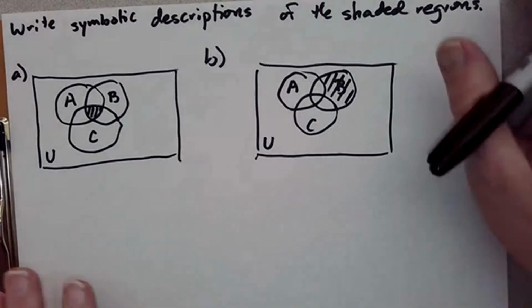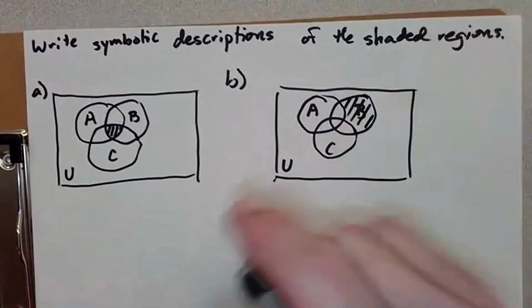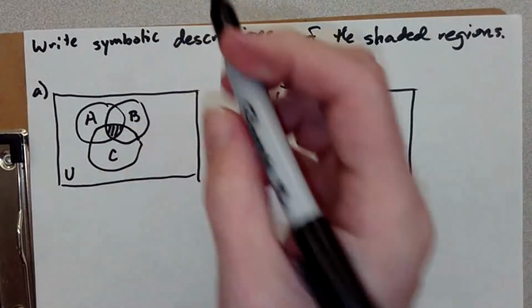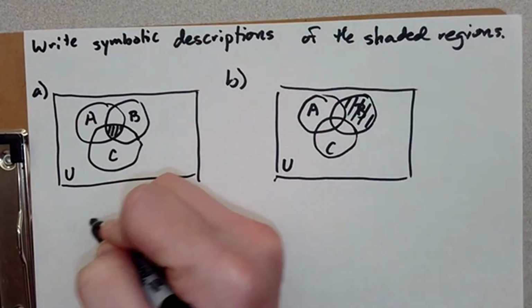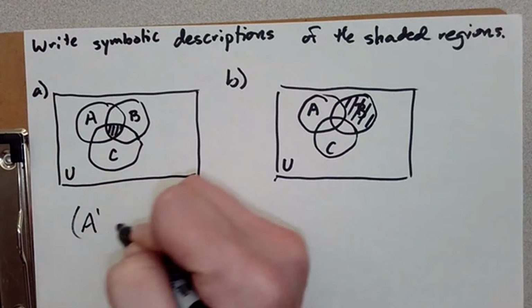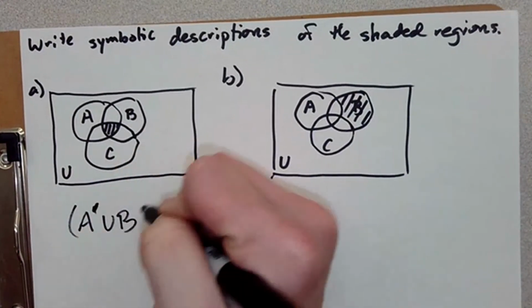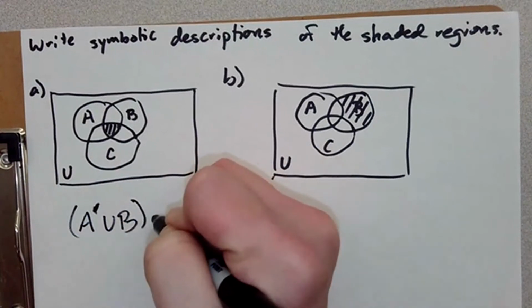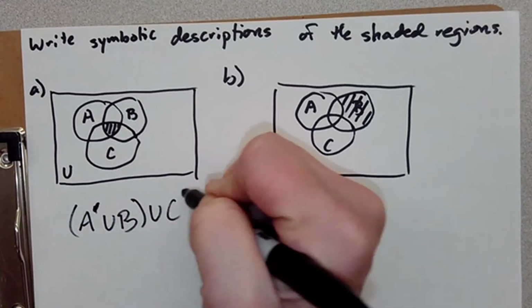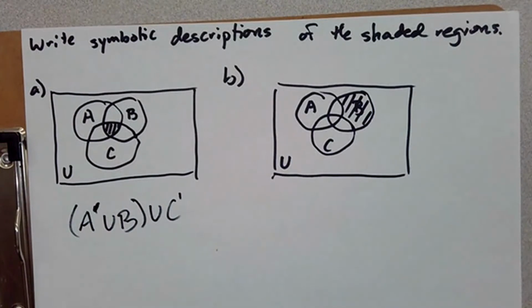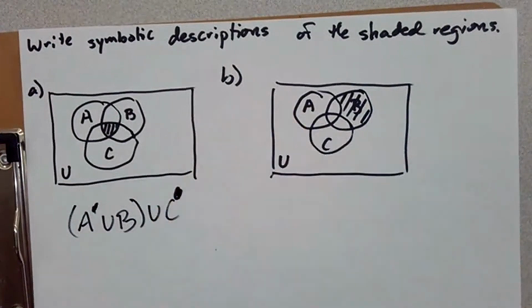So first we've got this one where we have this spot in the middle, and we can call that the intersection of A and B, not their complements, just A and B, with the intersection with C. We're just taking the intersection of all three of these.